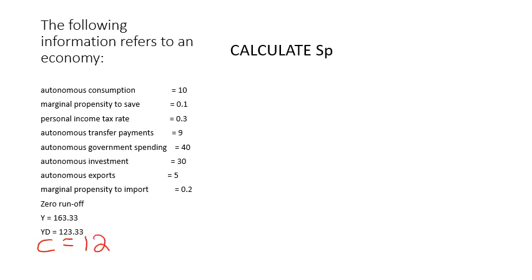That's 121. What I want you to remember is that if disposable income is equal to consumption, then the private savings are going to be equal to 0.